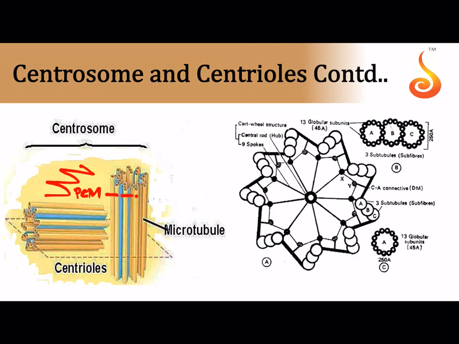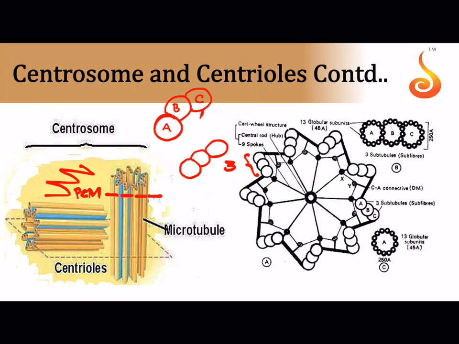And notice, if you take a transverse section of this centriole, you can see that they have microtubular triplets. Each structure here at the periphery is a set of 3 microtubules. That is, one is called A microtubule, which is a complete microtubule, then there is B, which is an incomplete microtubule, and then there is C, which is also incomplete. So imagine there is one triplet here and there is one more triplet next to it.